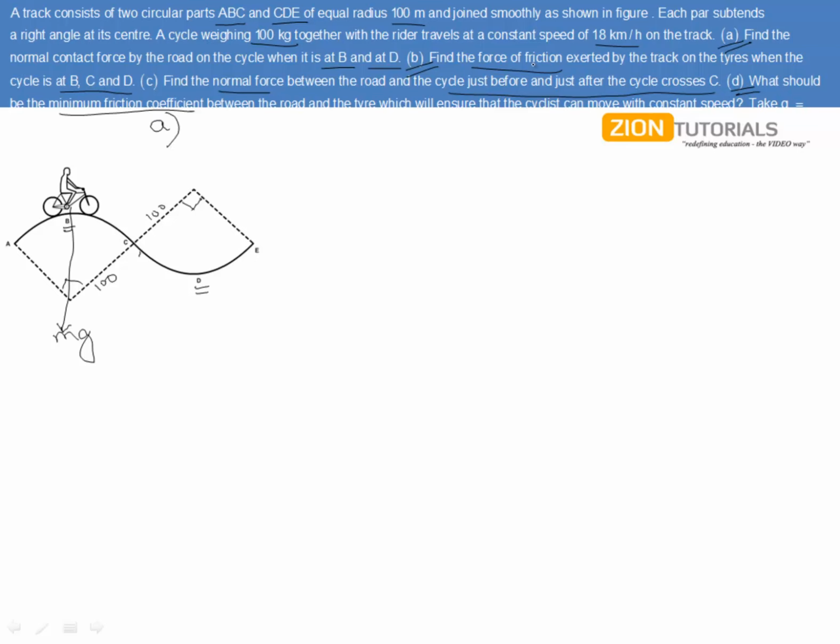Starting with part A, in which we need to find the normal contact force by the road on the cycle when it is at B and D. The same thing as I told you.